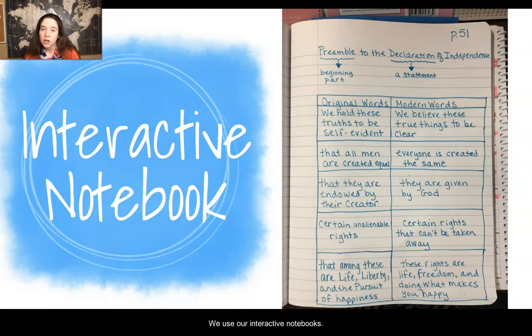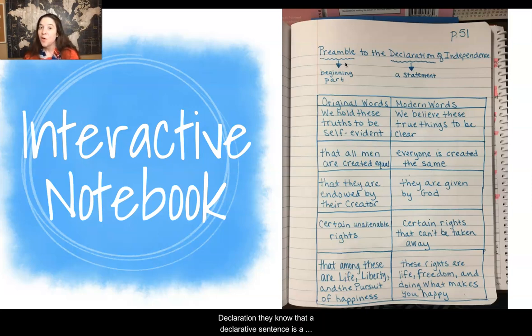We use our interactive notebooks for this. This is just an example of a chart that my students and I made in our interactive notebooks. The title at the top, Preamble to the Declaration of Independence. We talked about how a preamble is just the beginning part. You'll also find a preamble to the Constitution, which they'll learn about later when we get into new government.